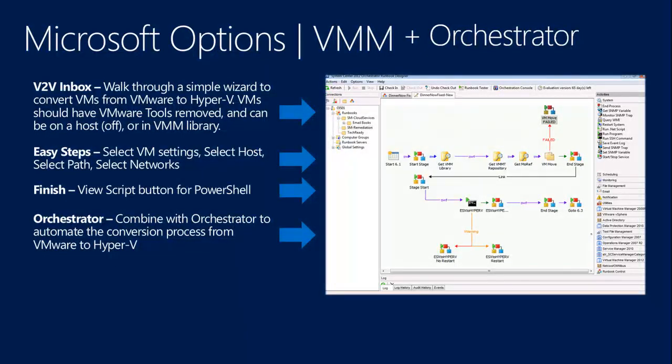So we've got partners now around the world who are using that combination of VMM and Orchestrator as their conversion strategy to work with customers. So they've built these runbooks for their own usage, using them with customers to help them migrate. But if you want to do it inside your own environment, the runbooks are there.